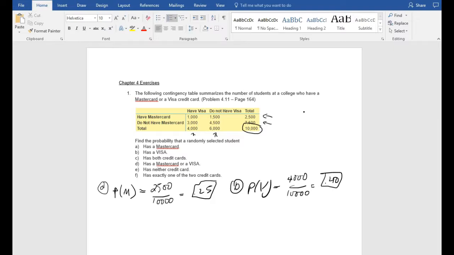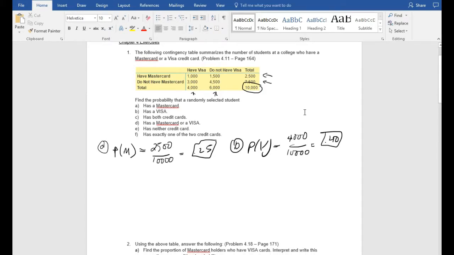And now we get into the probability that a student has both cards. So that would be the intersection, right? These inner pieces are intersection points. The probability of having both cards is letter C here.